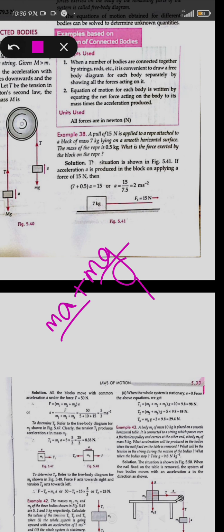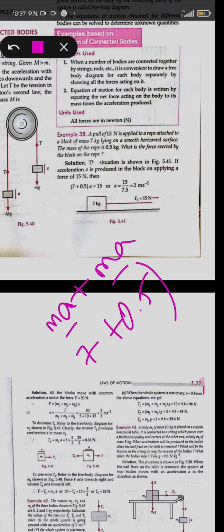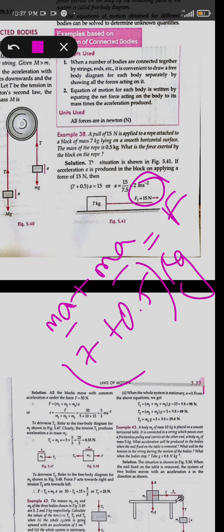So it will be ma itself, but one is the mass of the rope and one is the mass of the body. So it will be 7 plus 0.5 kg, which will be equal to the force applied by the pull, so it will be equal to 15. On solving this we get that the acceleration is 2 meter per second square.